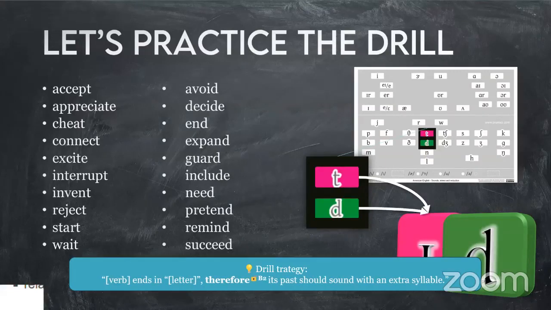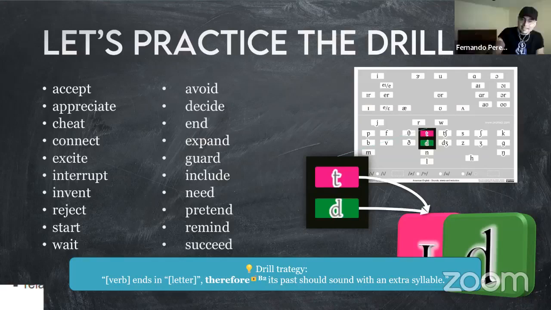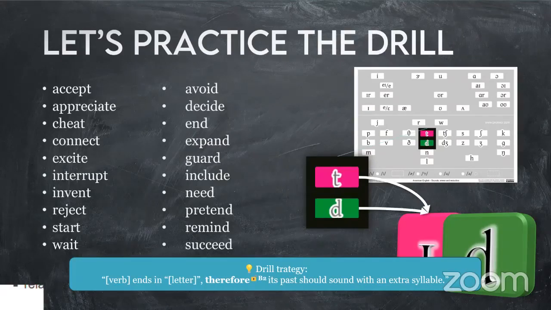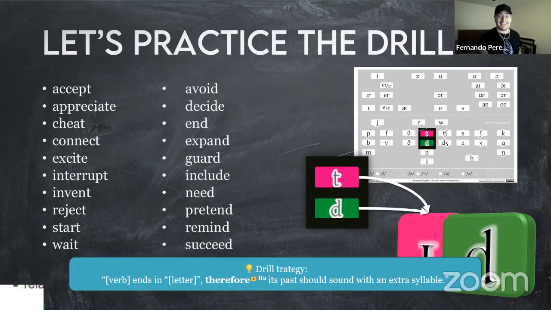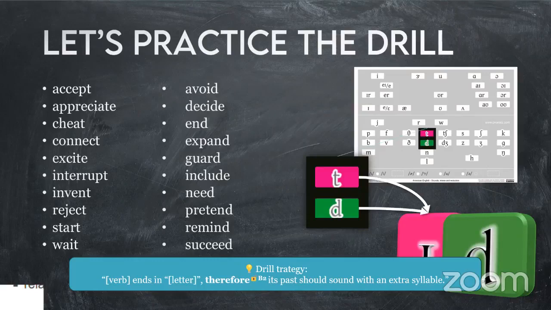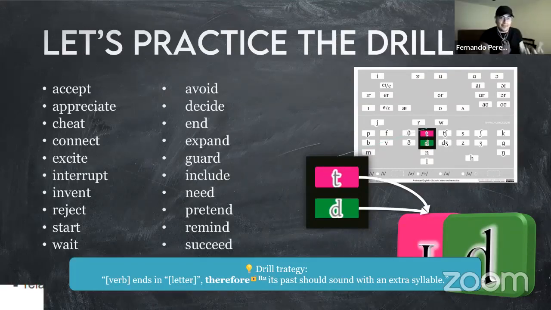Therefore, its past should sound with an extra syllable. Cheat. And the extra syllable? Cheated. Exactly. With conviction. Cheated. If you don't pronounce cheated openly, I cannot hear the past.